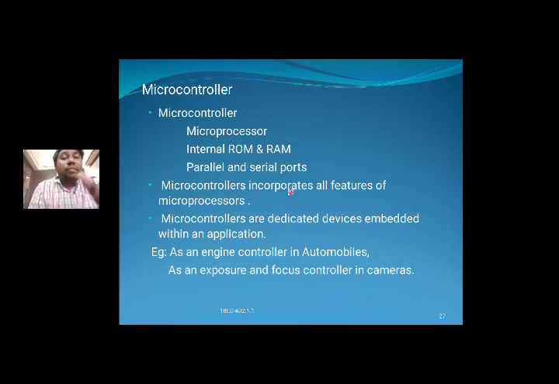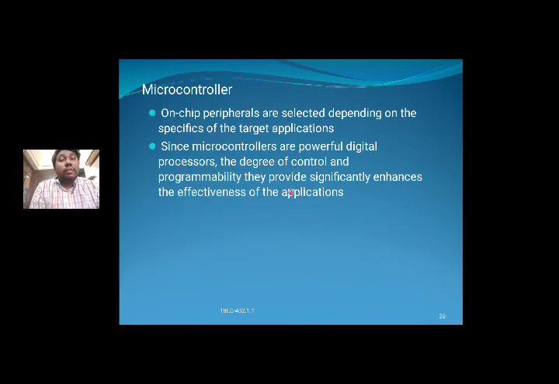Cameras have some controlling elements to focus or zoom. That is where we are using microcontrollers.